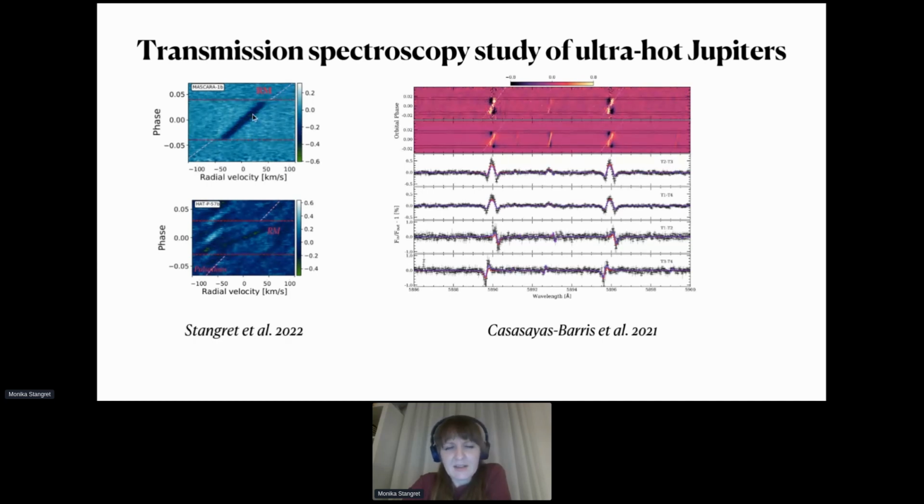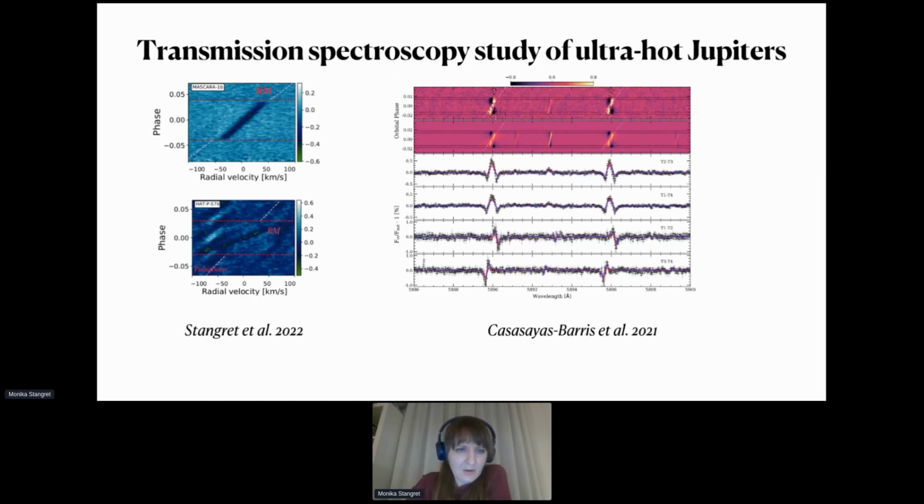As you can see, it's almost impossible to look behind this effect, which covers the radial velocity where we expect the planetary signal. In this case, MASCARA-1 is a really hot ultra-hot Jupiter, so it's good to observe the day side. So we observe the planet on the other side of the star.